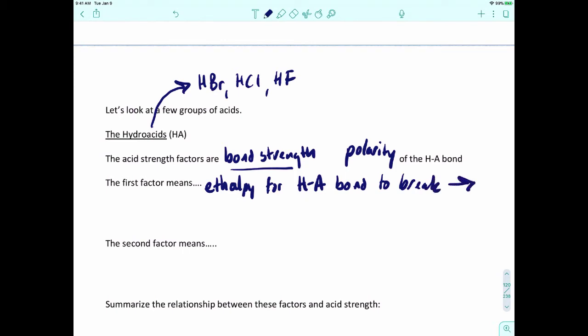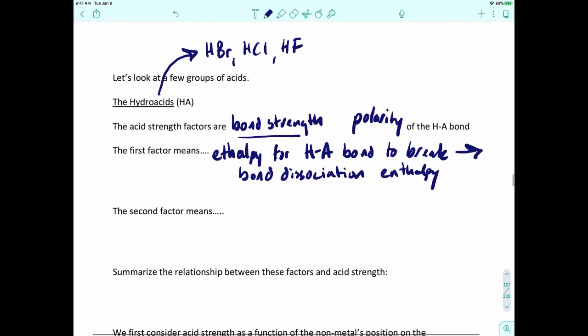So essentially we're looking at bond energy, bond dissociation enthalpy. Okay, so that's the first factor. When we're talking about bond strength, we're talking about the BDEs, the bond dissociation enthalpy. Now, the second factor, polarity, means we're talking about the difference in electronegativity.